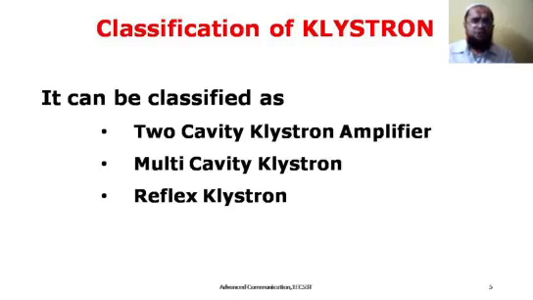Klystron has two or three types: the two cavity klystron amplifier, multi-cavity klystrons, and reflex klystron. Here we are going to study the two cavity klystron and the reflex klystron.